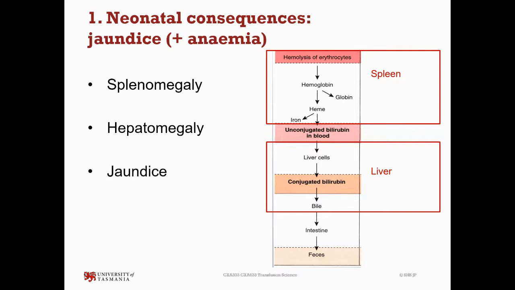Neonates usually have immature organs as well, so an immature spleen and immature liver, so that doesn't help with dealing with the additional hemolysis either. So it's this jaundice that's really the issue. So why do we get jaundice in a neonate, but we don't get jaundice in a fetus?